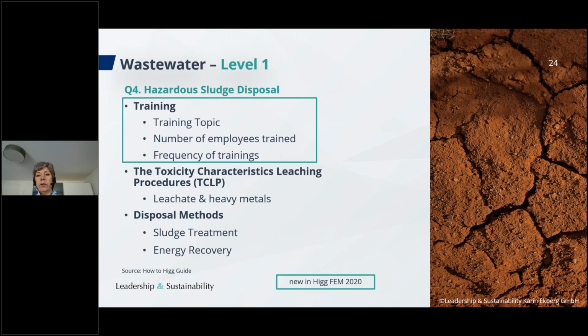So if there is no other infrastructure for you locally to take care of the sludge, and because it is classified as non-hazardous in your country, then you need to see what other options you may have. But you should in any case follow local regulations here.